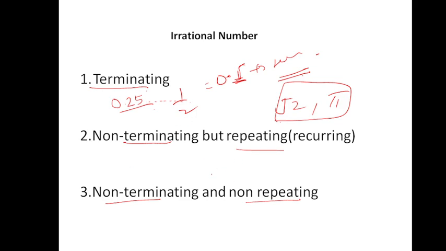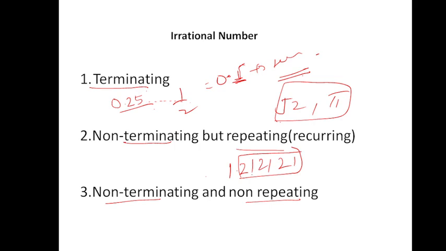Non-terminating but repeating, that means something like 2.1 2.1, it is the example of non-terminating but repeating.